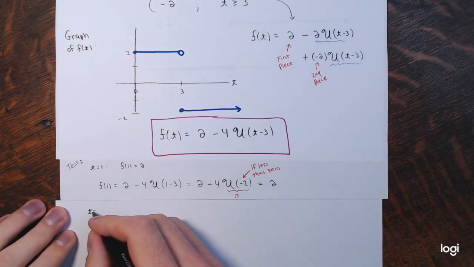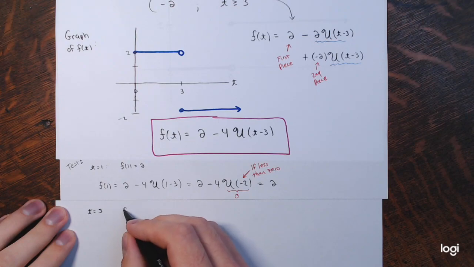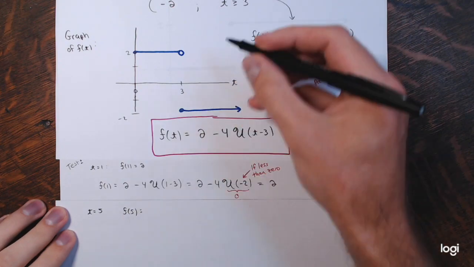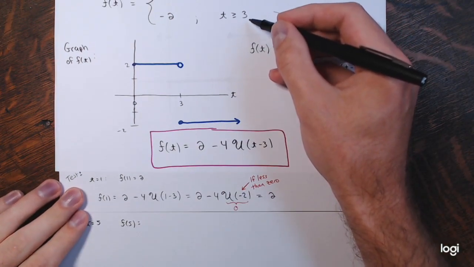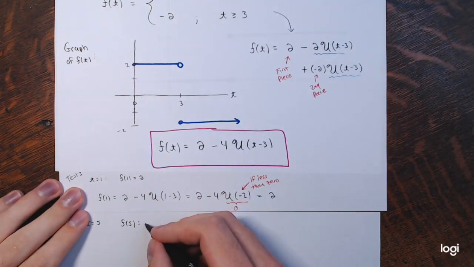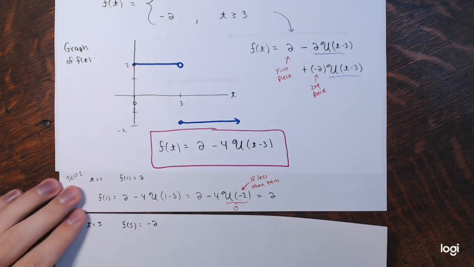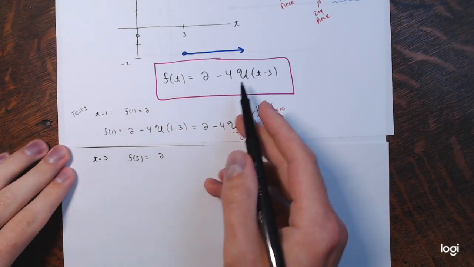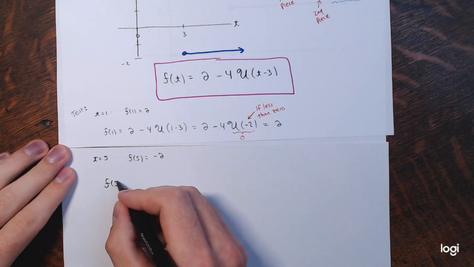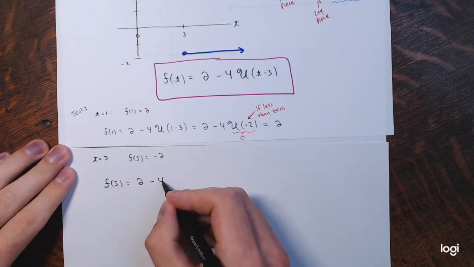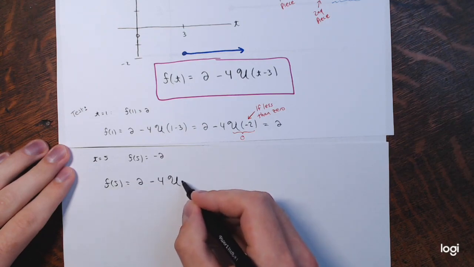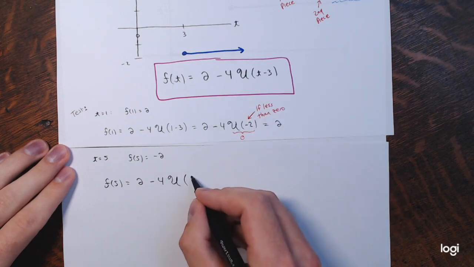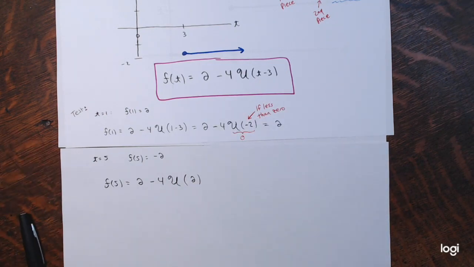What if t were 5? Well, again, you just look at the pieces. F of 5, the input's greater than or equal to 3, so it's negative 2. But then using the way I wrote it with the unit step function, we have f of 5 equals 2 minus 4 times the unit step function at 5 minus 3. Now, 5 minus 3 is 2.